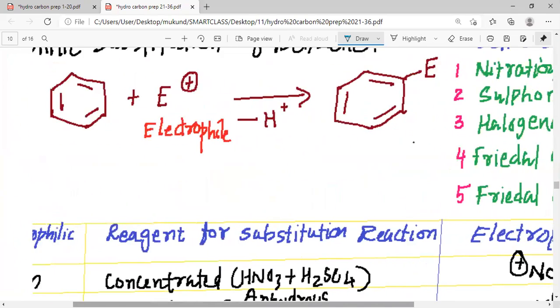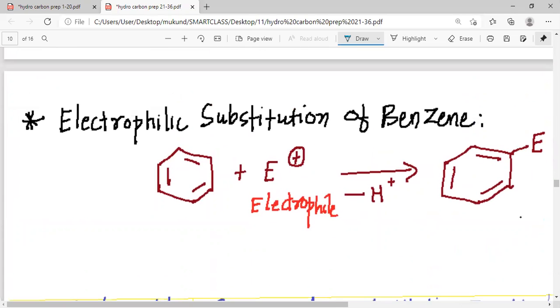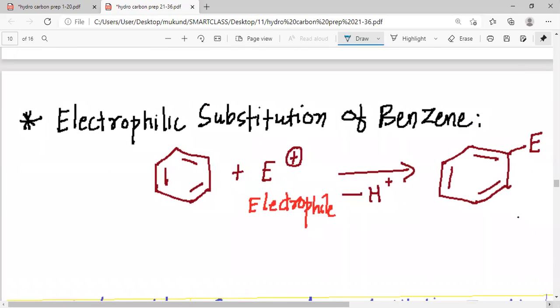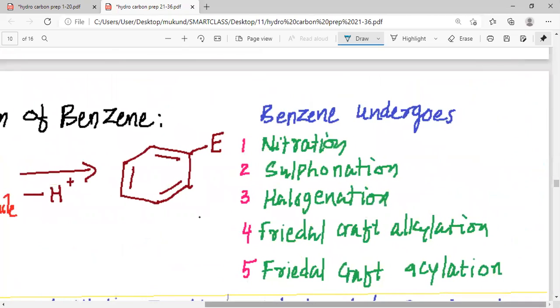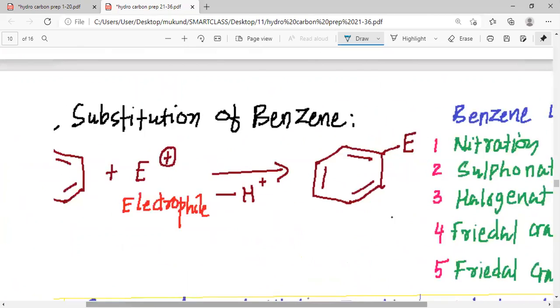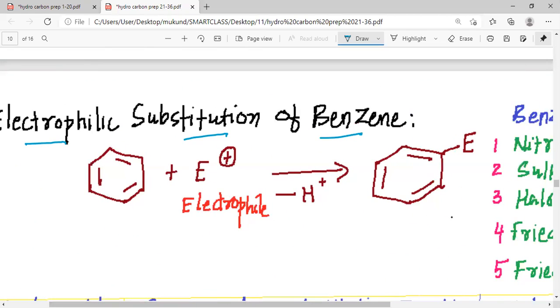Now it is very important to study the reactions of benzene. My dear students, benzene undergoes a special kind of reaction. This kind of reaction is known as the electrophilic substitution reaction of benzene. In the electrophilic substitution reaction of benzene, my dear students, benzene reacts with the attacking reagent.